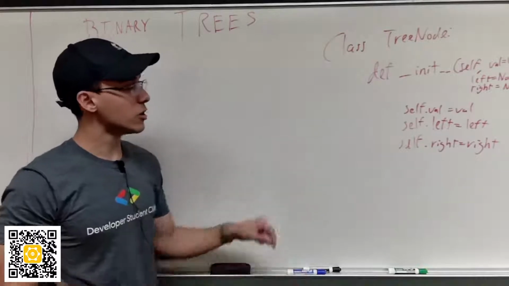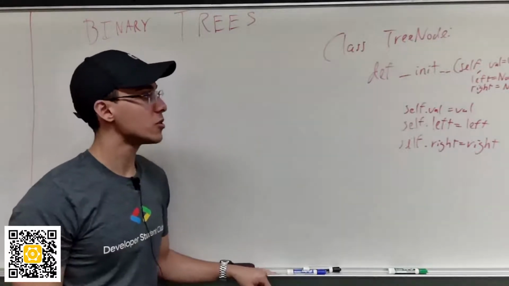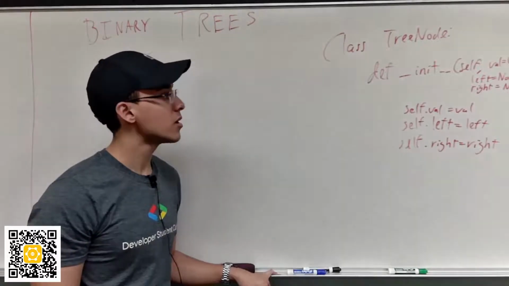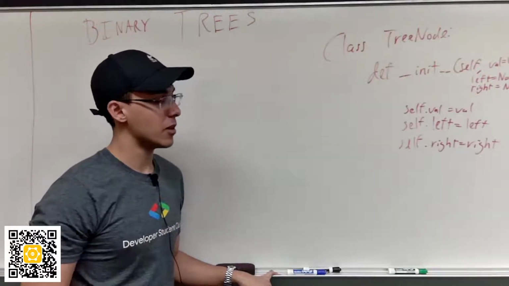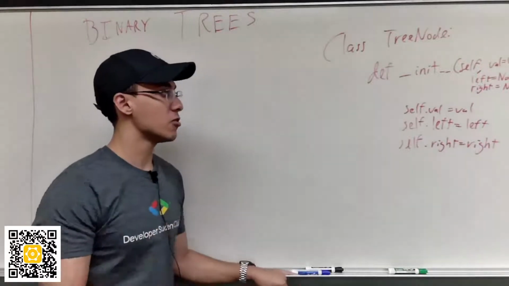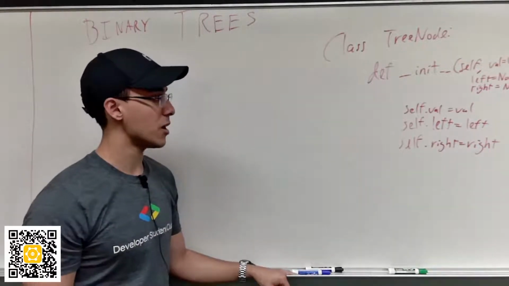So this is the tree node, the constructor. I put the value by default as 0. The left child, which is another tree node, is None, so it's null by default. Same goes for the right.